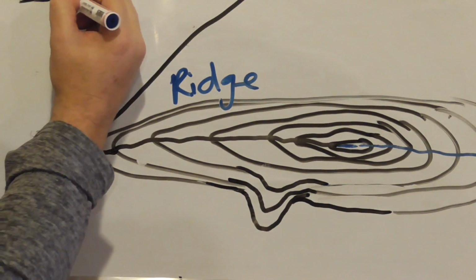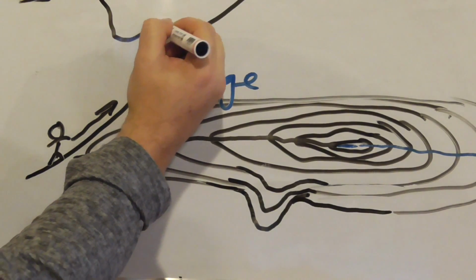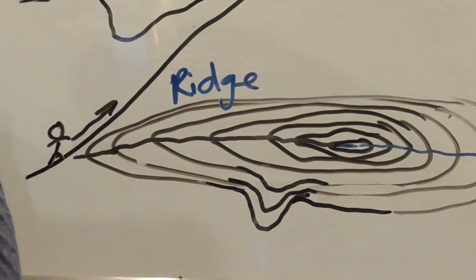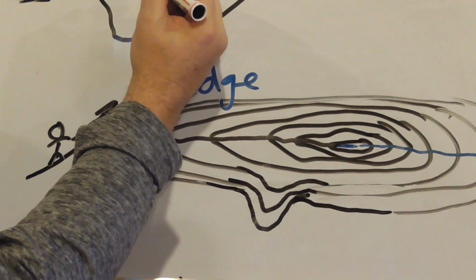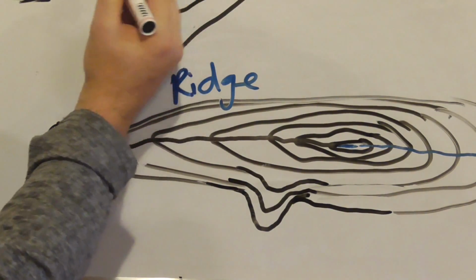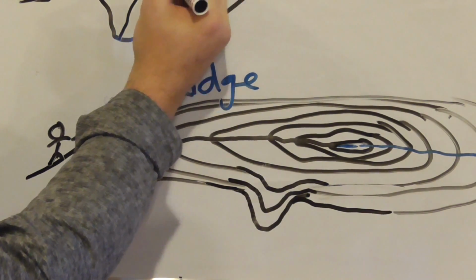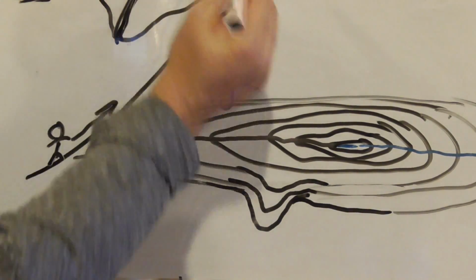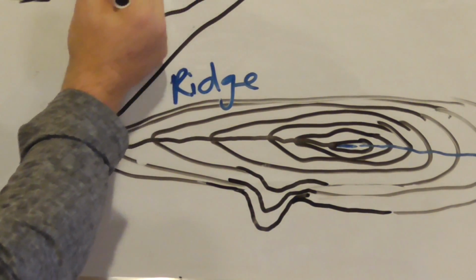Let's say it's like this. Sort of comes off like that. So you can imagine, let's do like that. Okay, sort of like that. So the contour lines would be looking like this.